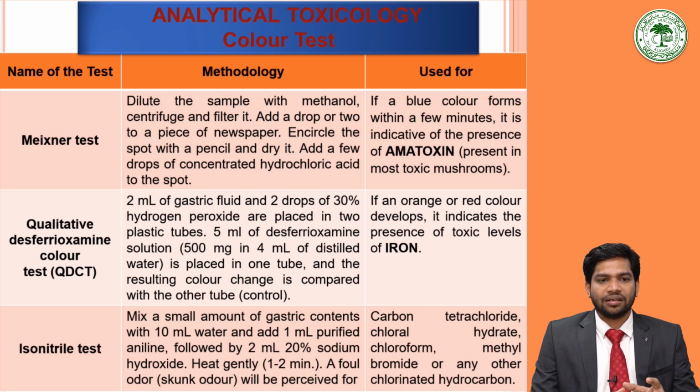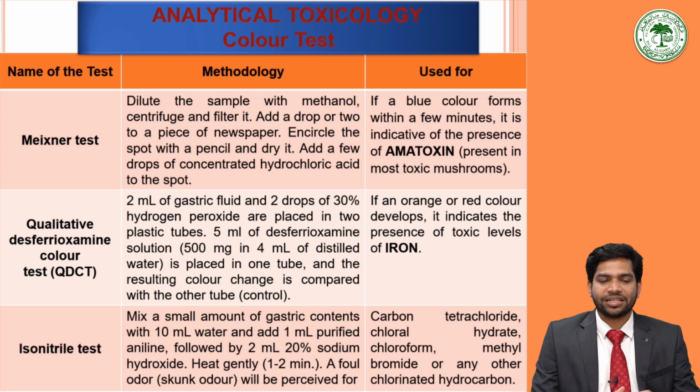Then qualitative desferrioxamine color test that is indicative for the iron poisoning. In this, about 2 ml of gastric fluid and 2 drops of 30% hydrogen peroxide are placed in 2 plastic tubes. 5 ml of desferrioxamine solution is placed in 1 tube and the resulting color change is compared with the other tube. If an orange or red color develops, it indicates the presence of toxic level of iron.